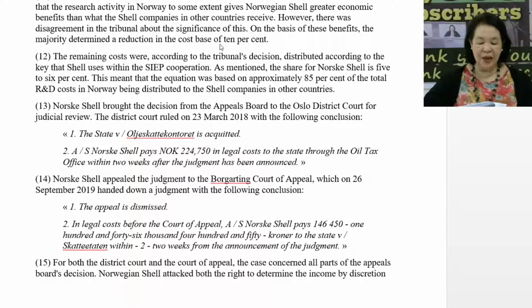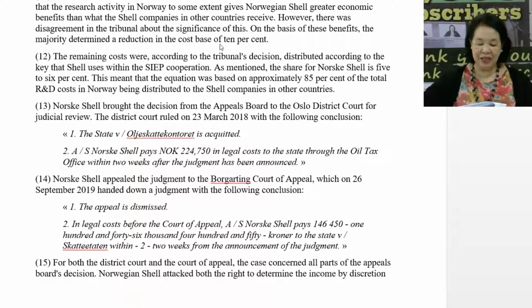So Norske Shell appealed the Court of Appeals judgment to the Supreme Court, no? Talagang dinala na sa Supreme Court. Hindi talaga siya convinced doon sa, kasi may ibang cases na yung taxpayer mismo doon pa lang sa lower court nagko-concede na, nagbabayad na. In this case, yung Shell talagang dinala pa niya doon sa Supreme Court. The appeal concerned the judgment in its entirety, no?